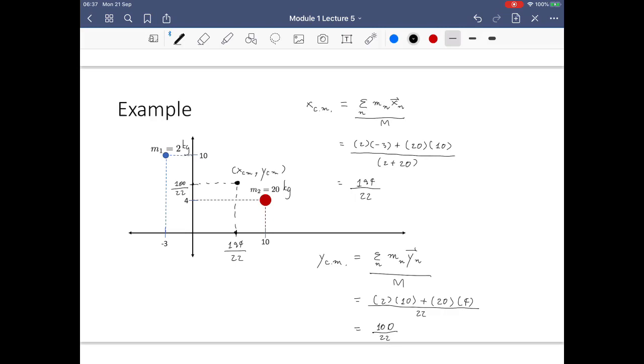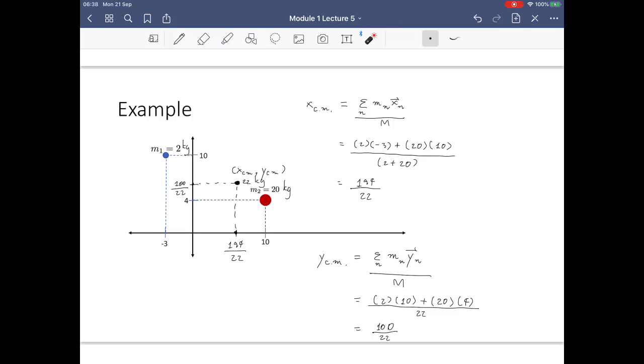This is the representative of these two masses together. You have this mass, you have this mass, and you combine them into just one mass of 22 kilogram, situated here at the position xcm and ycm. That is how you find the center of mass position.